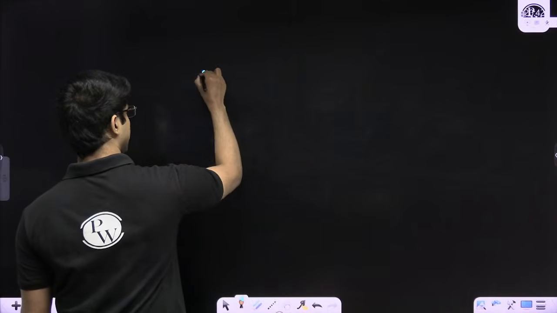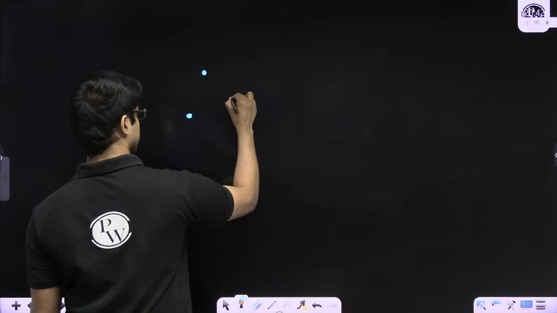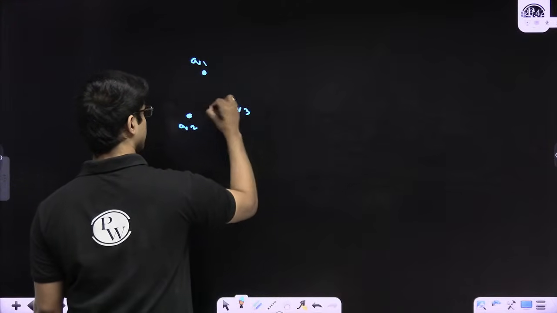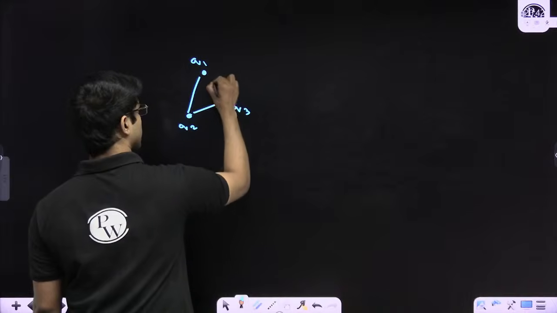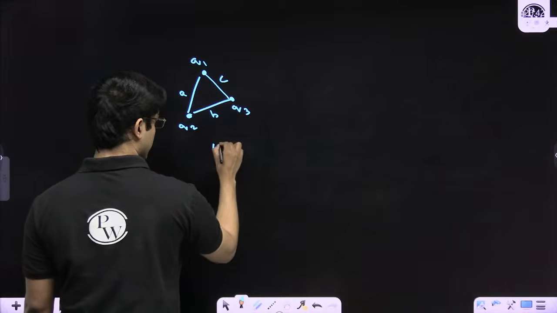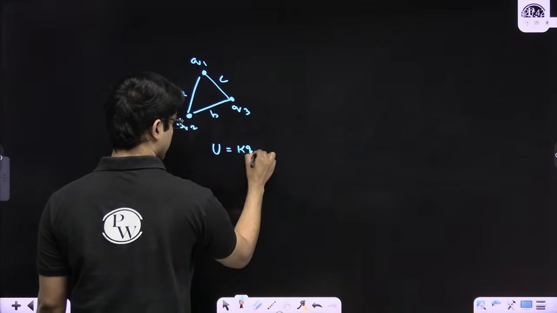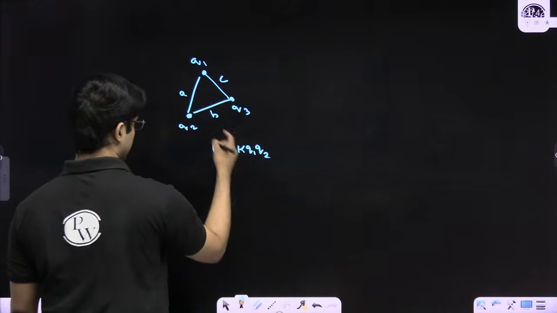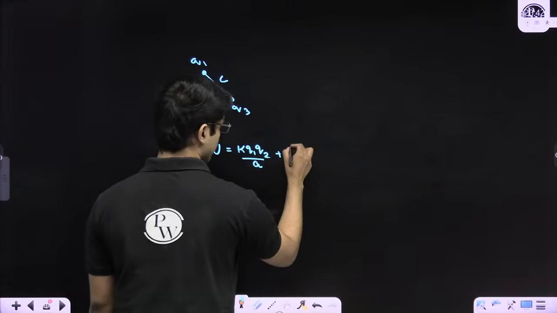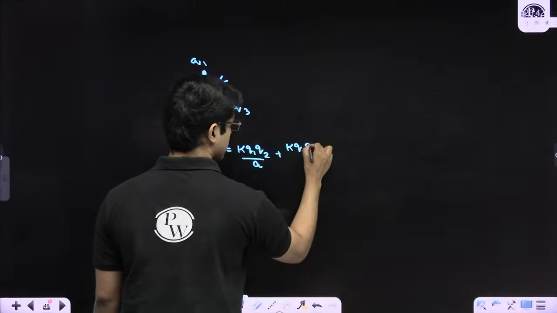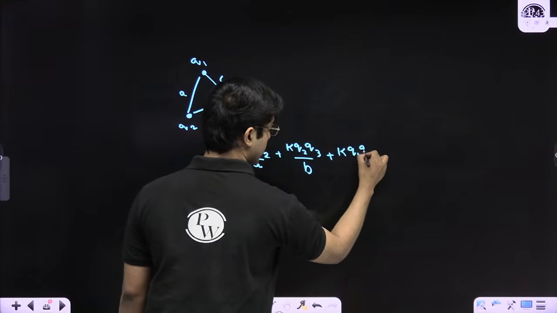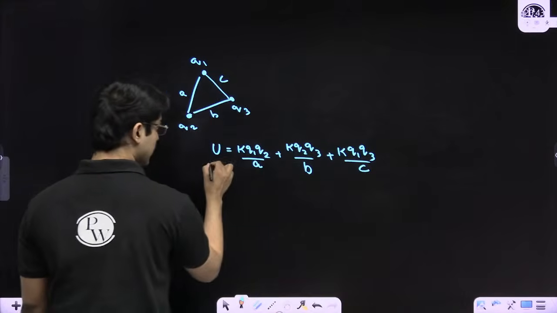So when I say the potential energy of this system, Q1, Q2, Q3, the potential energy of the system is going to be K Q1 Q2 by A, then K Q2 Q3 by B, and K Q1 Q3 divided by C. Just write these terms individually.